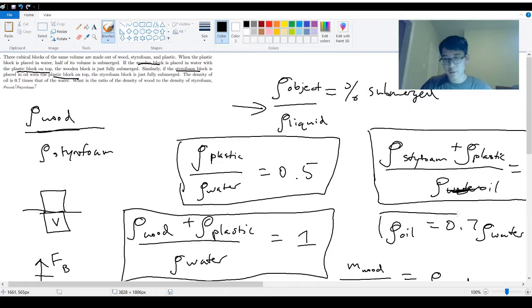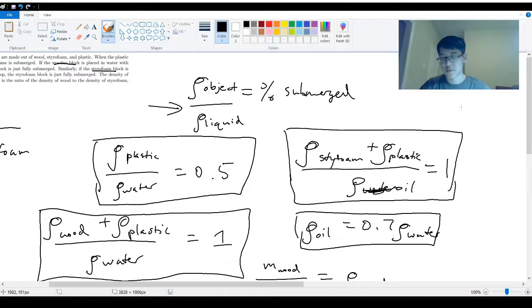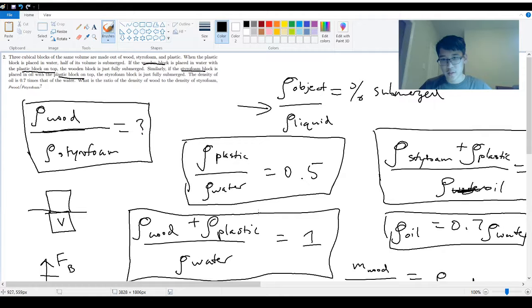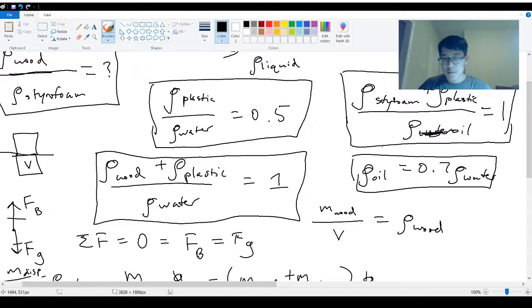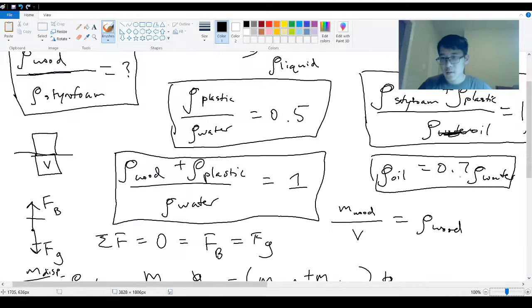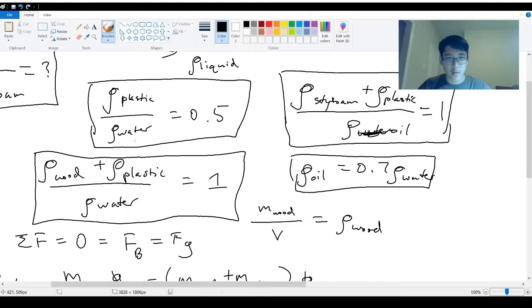Okay, so now we have these 4 equations, and now it's just a matter of substitutions and systems of equations to give us the final answer in terms of density of wood over the density of styrofoam. So we can begin by focusing on these 2 equations, where we're given the density of wood and the density of styrofoam.